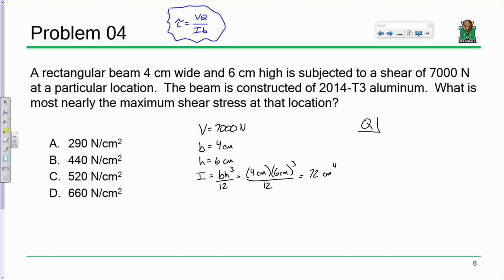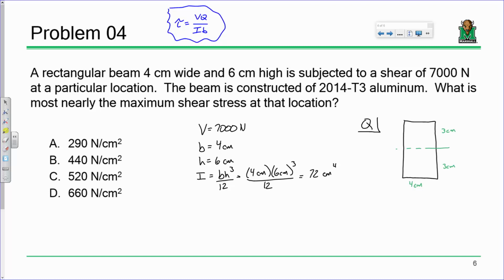Well, the way that we compute Q is this. Here's the beam. This is 4 centimeters. And so this is 3 centimeters, 3 centimeters. The term Q is basically a first moment of area. Okay?